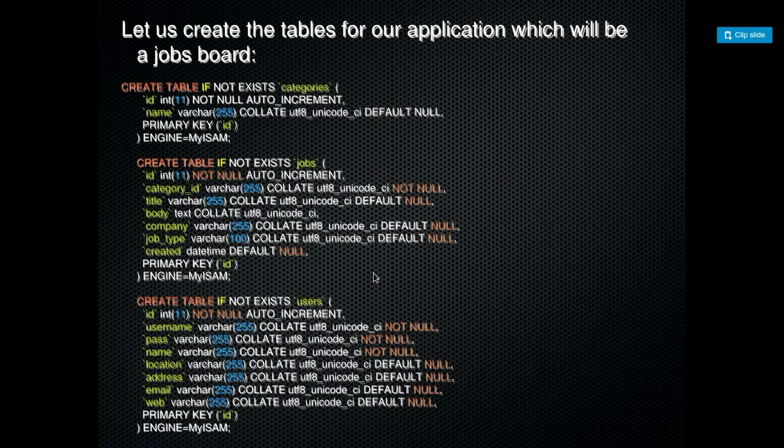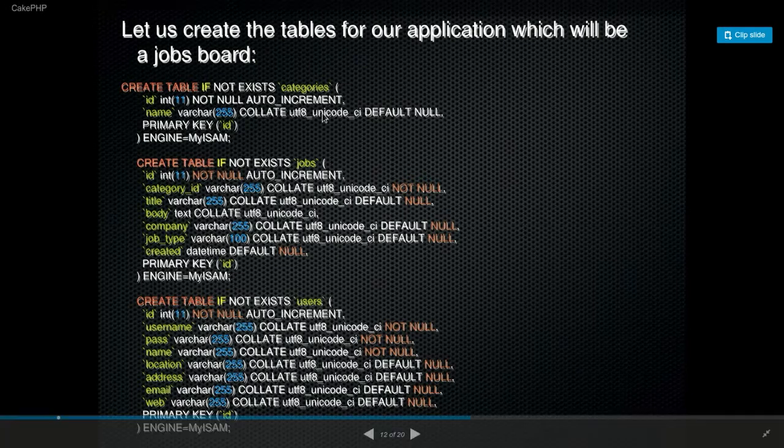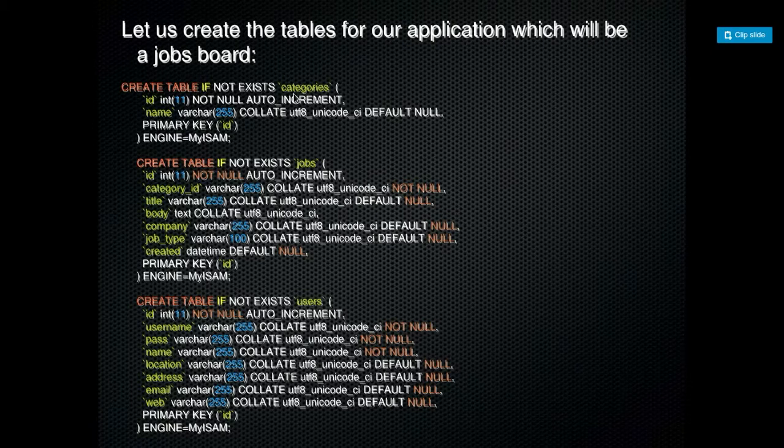So how should we design our CakePHP database? For a CakePHP application, every table name must be plural, and it must start with a small letter, meaning all the letters will be small.